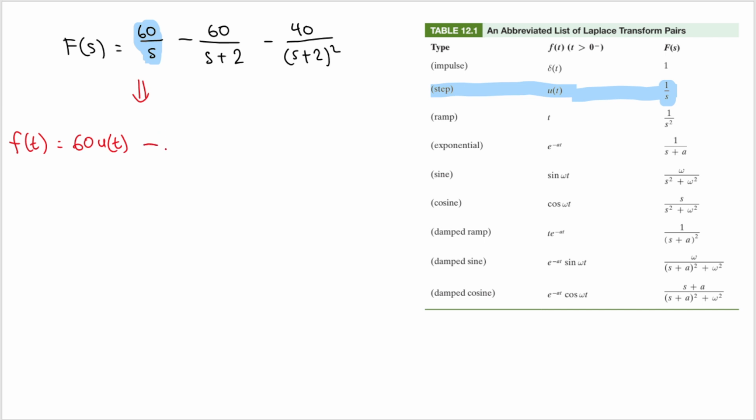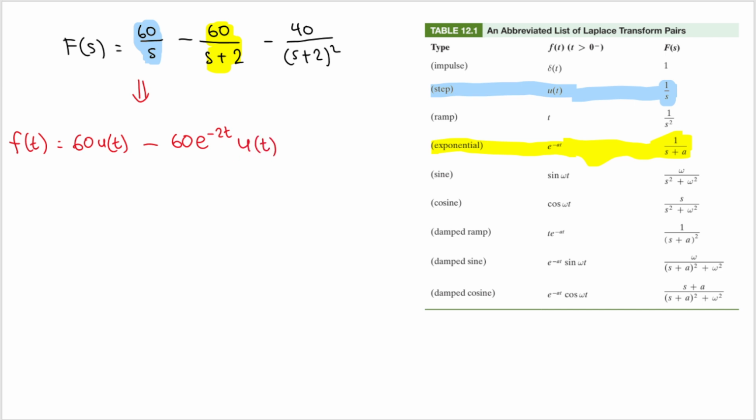And then minus, okay, now what is that one? This one is the exponential function, with a equal to 2, right? Because that is 1 over s plus 2 multiplied by 60. So we will have 60 e to the minus 2t u(t).